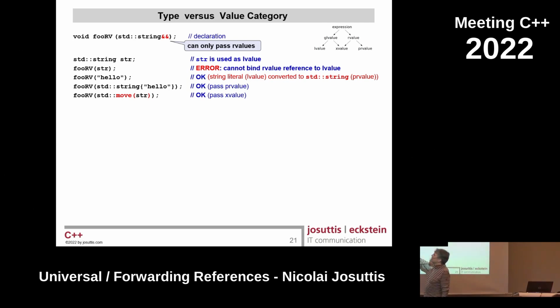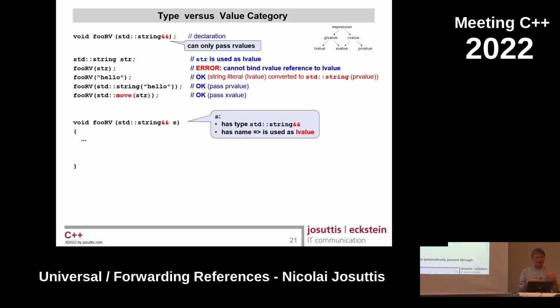This slide is not over. Let's implement this function. And that's very important. Let's implement this function. We have s being an R-value reference. What is the value category of s? L value.